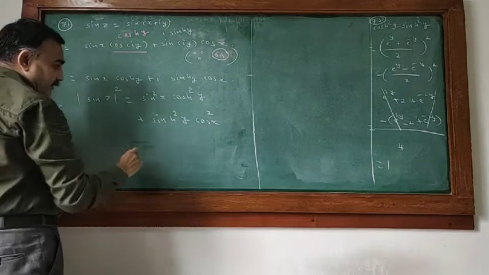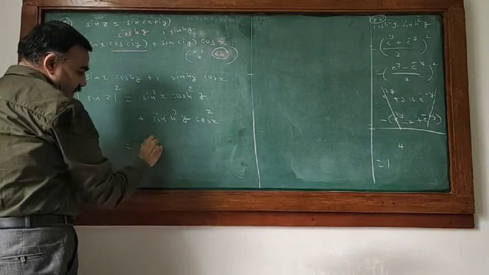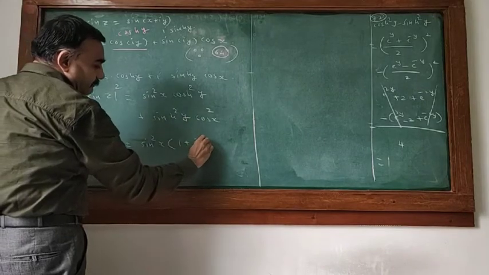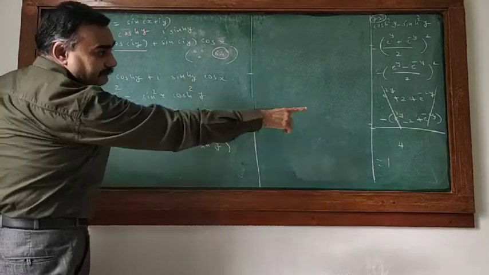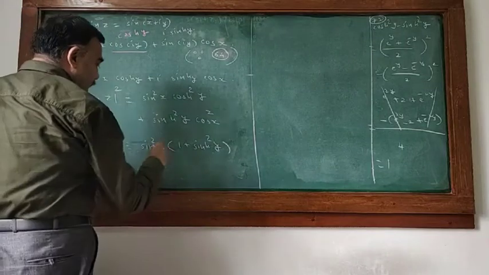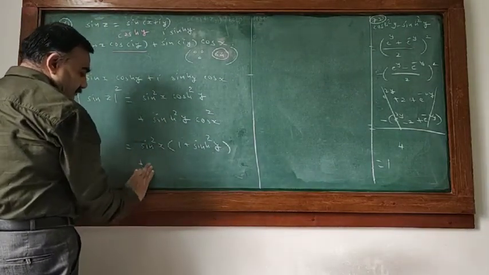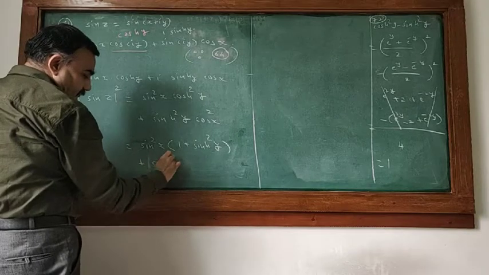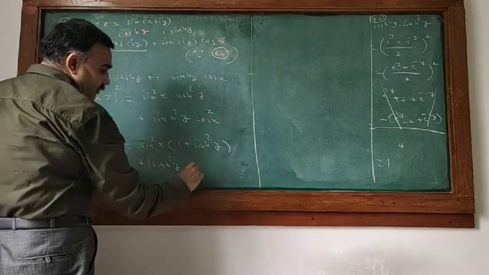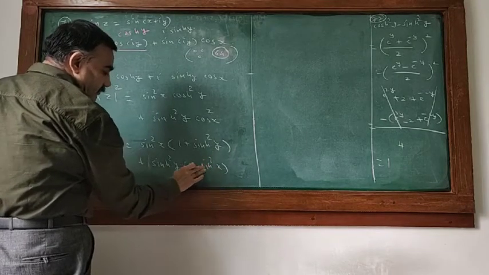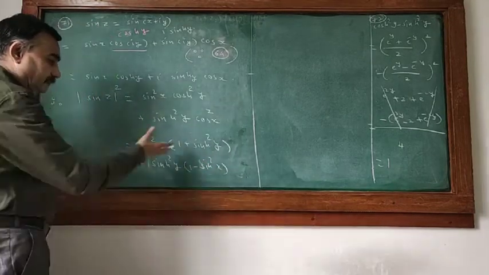So sin square x cosh square y is 1 plus sinh square y, as per that, plus sinh square y, and cos square is 1 minus sin square x. Now simplify this.